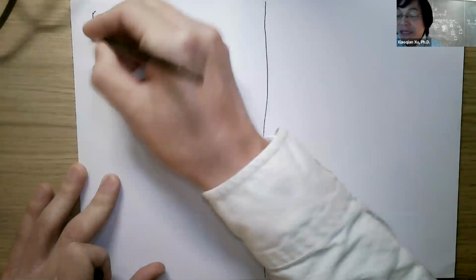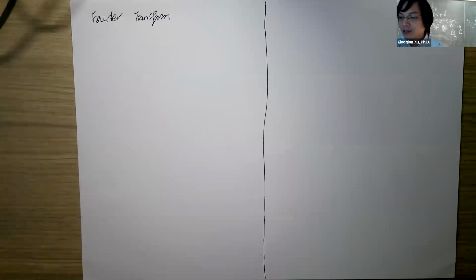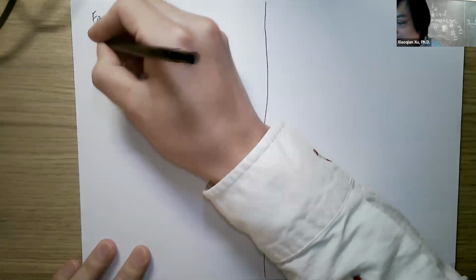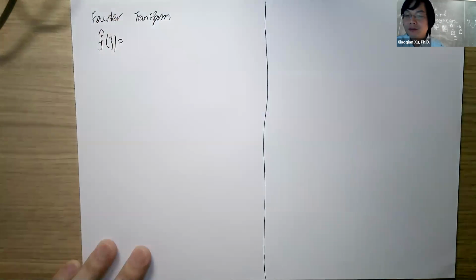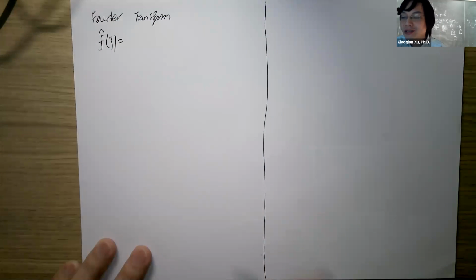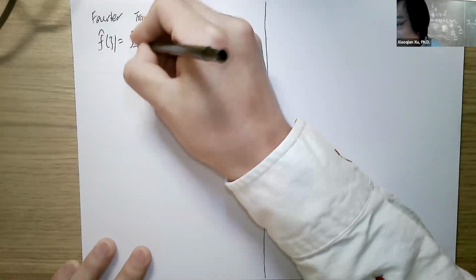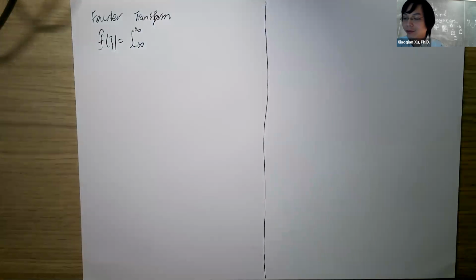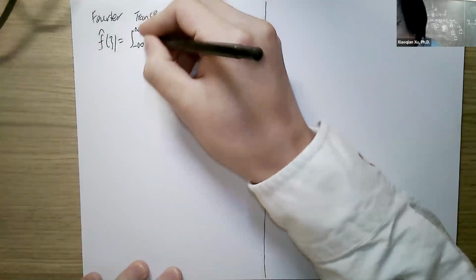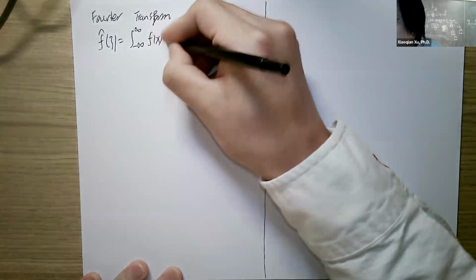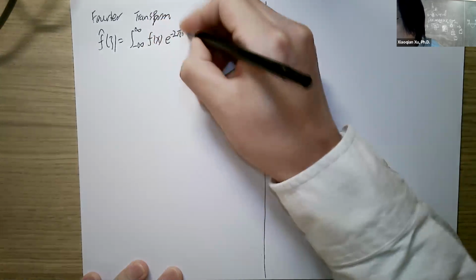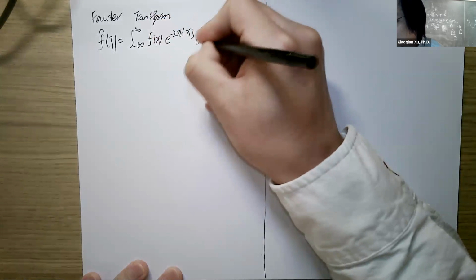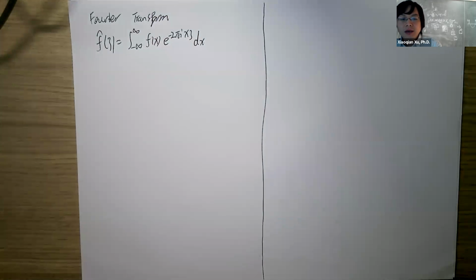It looks like the Fourier coefficient we tried to compute, but now it's not defined on the integers. It's defined as an integral over everything: f(x) e^(-2πixξ) dx. This is the Fourier transform of a function.